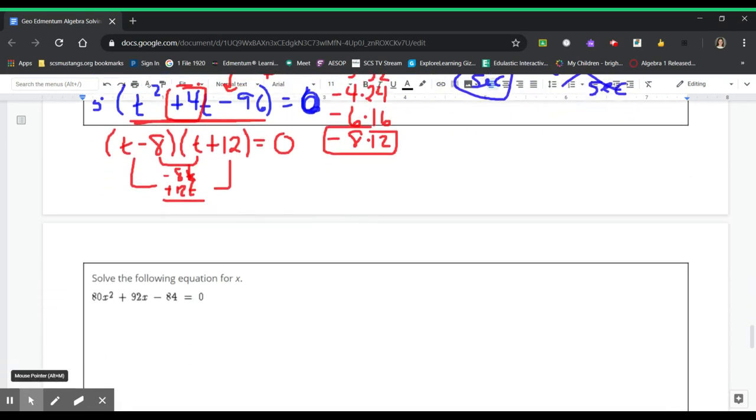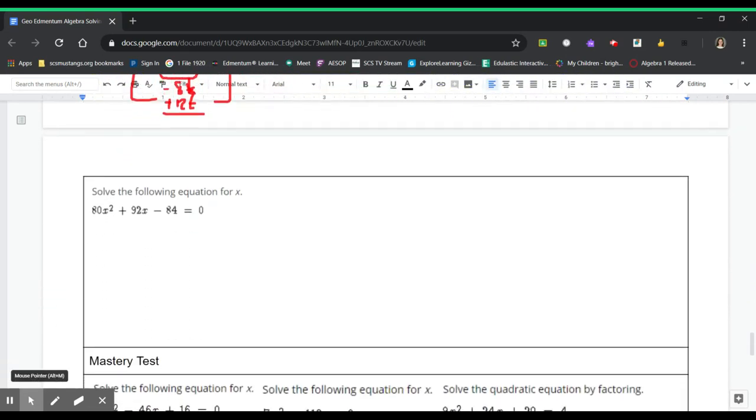Looking at this last type, this was the example that I was talking about, where they could give you some problems where it does have a greatest common factor, but it ends up leaving you with a number in front. So with this one, just to fast forward for you, the greatest common factor would be 4. You would end up dividing 4 out from everything, and then have 4 on the outside times 20x squared plus 23x minus 21 is equal to 0.